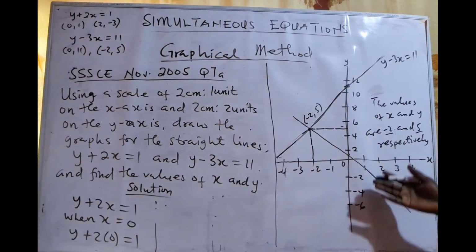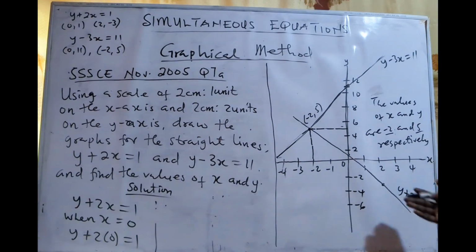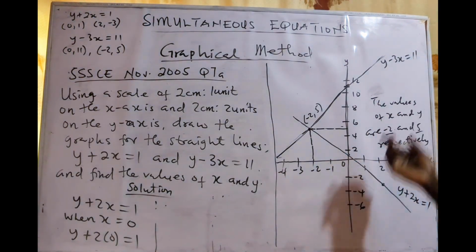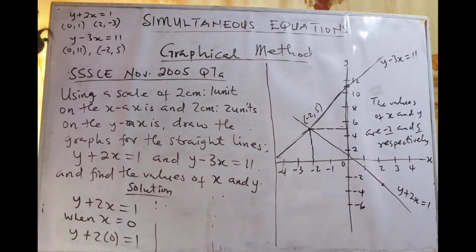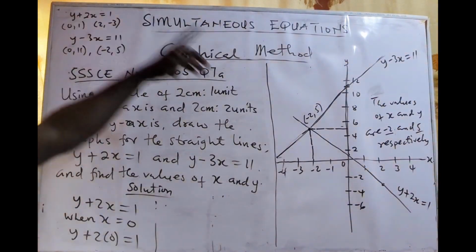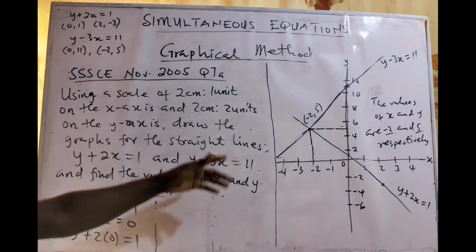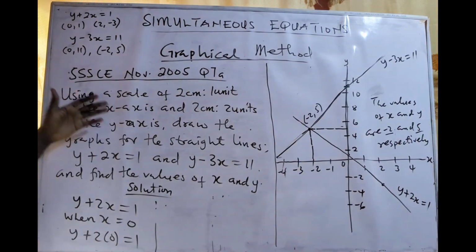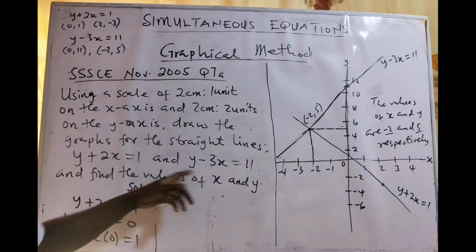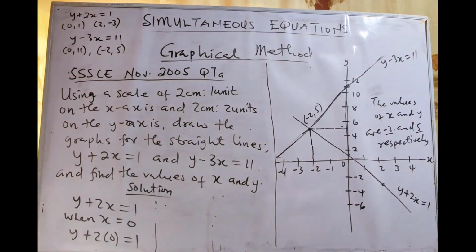This is what you are going to get if you use, let's say, the elimination or substitution method to solve these 2 equations. The values -2 and 5 will satisfy both equations. So this is how the graphical method can also be used to find the values of x and y from 2 linear simultaneous equations. I believe this is understood.